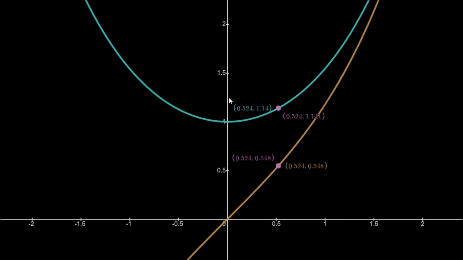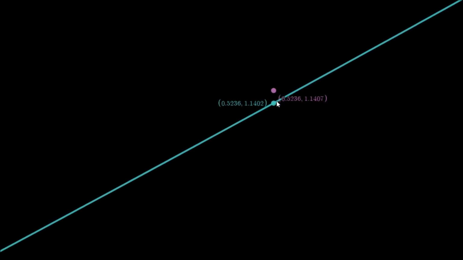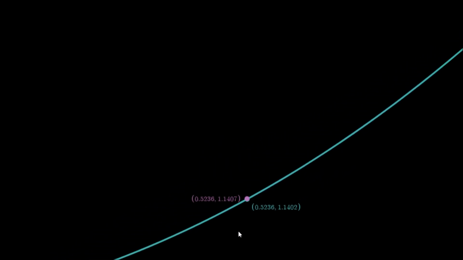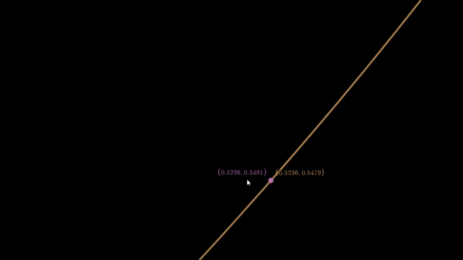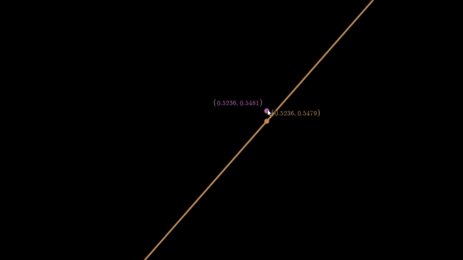Here is our actual point for our cosh, and here's the approximation in pink. And here's the actual point for our sinh, and here's the approximation in pink. If we zoom in, this is our approximation. And again, if we zoom in here, this is our approximation. So this process does work, and it does give us a good approximation to the sinh and the cosh function.